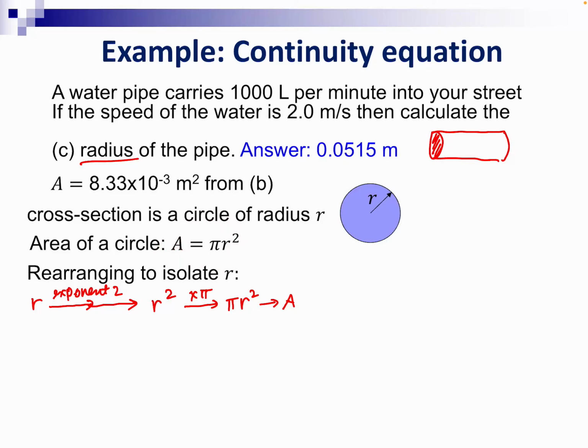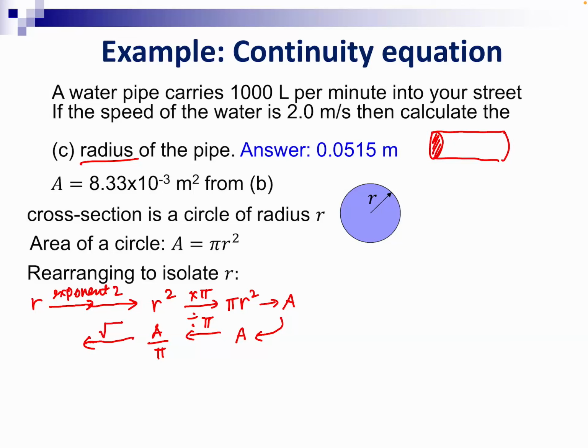That brings you to building up the equation, and then you have to just do the reverse. Starting from the area, do the opposite of the last thing you did. You multiplied by pi, so you have to divide by pi. So that's area divided by pi. Then you need to do the reverse operation of exponent 2. What's the reverse operation of exponent 2? It's the square root.